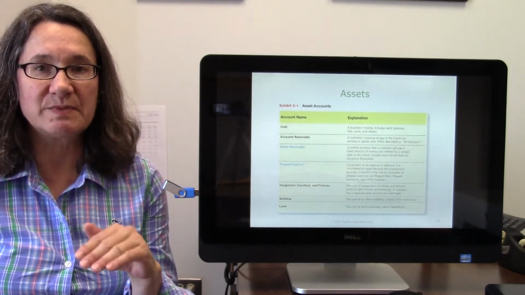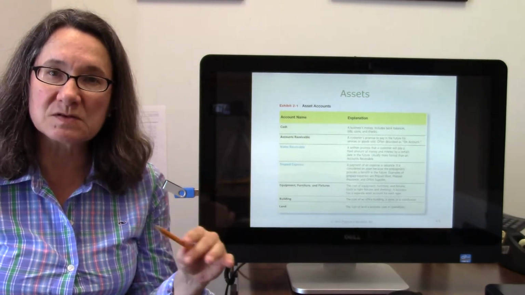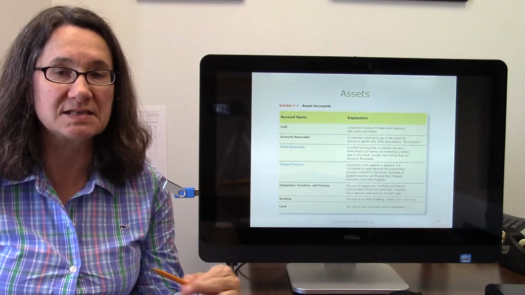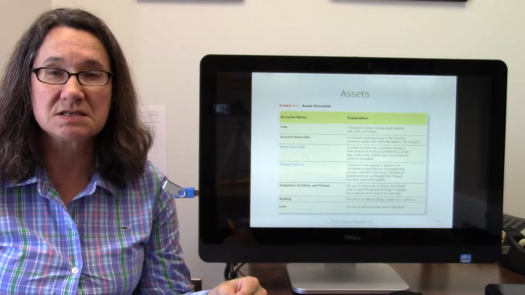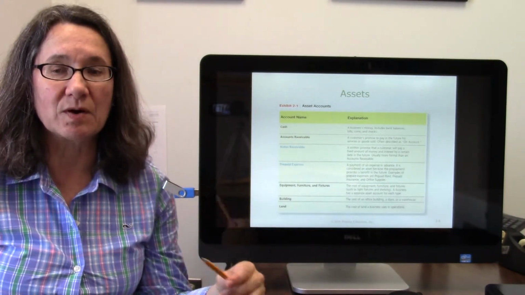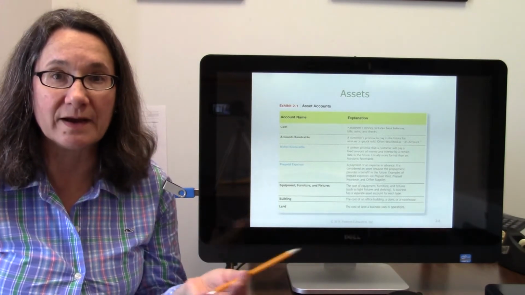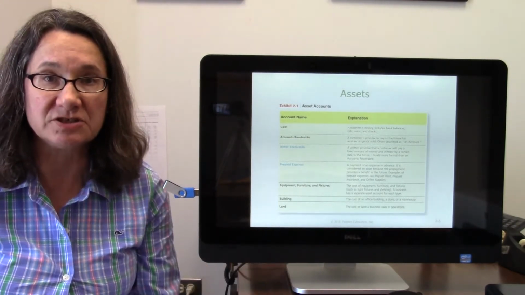And prepaid expenses are an asset because you've bought those up front. So you can imagine if you paid 6 months of your rent up front, right? Well, that's an asset. You get to live in that apartment for 6 months. That's something of value in the future. That's the definition of an asset.